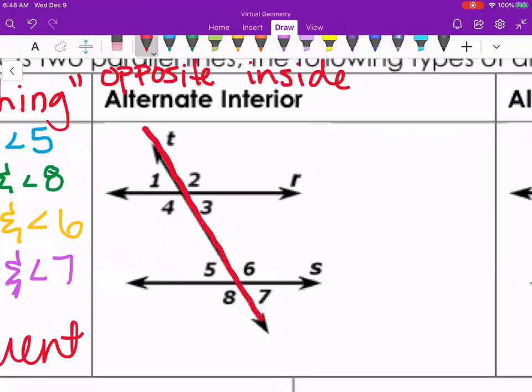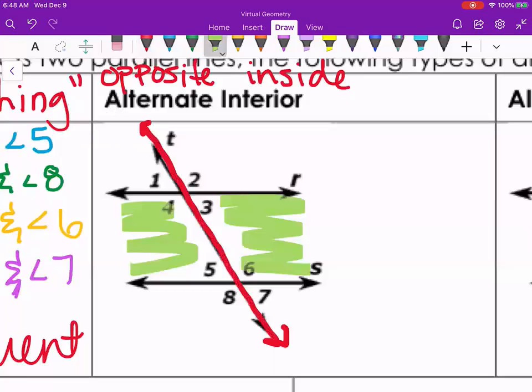So again, T, this time T is going to be our transversal. So alternate means they have to be on opposite sides of that line, line T. Now they also have to be on the inside of the two parallels. So remember, interior is the space between the parallels, while exterior would be the space outside of the parallels.